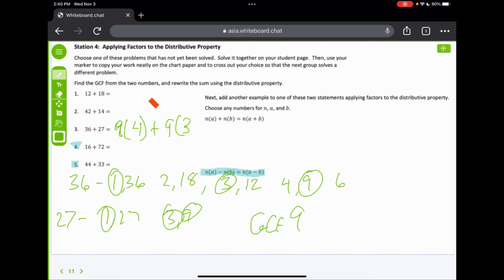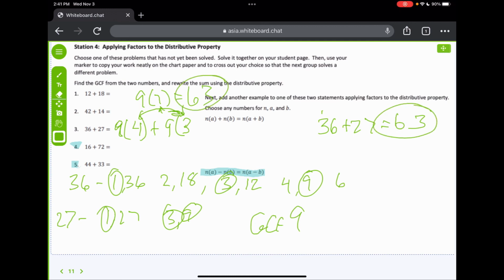Okay, so we can say 9 times 7 is 63. We'll just add these two together and we get 7. So that's 63. So let's check and see. 36 plus 27. Carry my 1. That is 63. So, yep. That equals those.